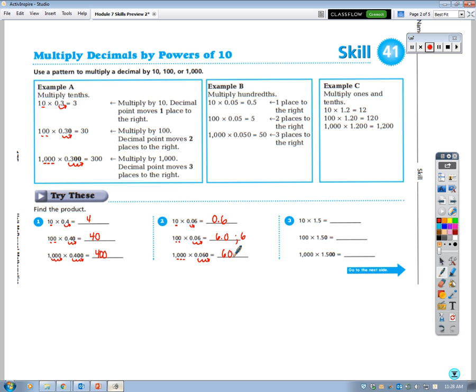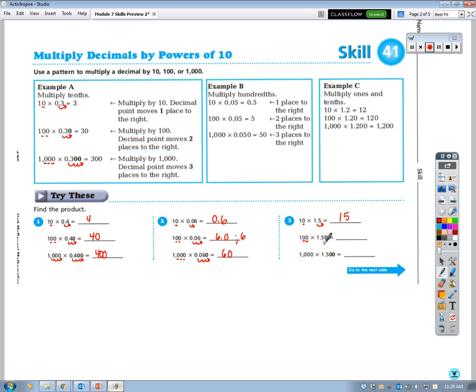And our last one here, number 3, continuing on to count our zeros of our base 10, moving the decimal that number of places to the right, so 10 times 1.5, or 1 and 5/10, would be 15. We've got 100 times 1 and 5/10. In this case, you would read it 1 and 50 hundredths.